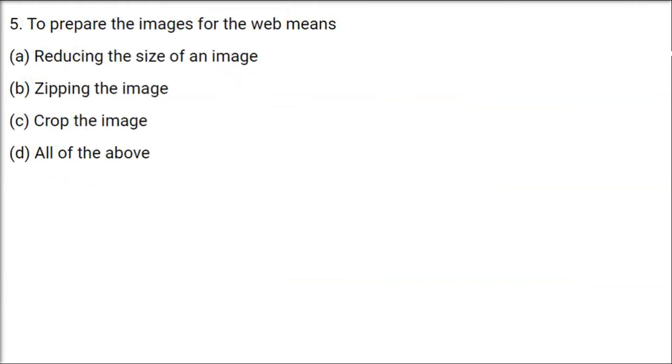To prepare the images for the web means, now whenever you are going on to the web, there are different formats, PNG and GIF and JPEG, they have come because you want smaller images. 500 MB, 1 GB, these kinds of images are not possible. The communication channel and the web won't be able to handle them very properly.